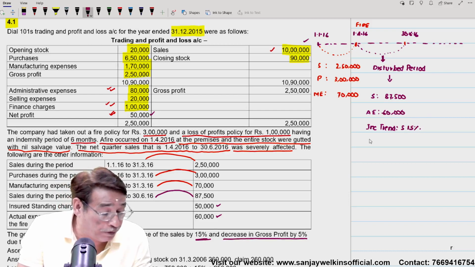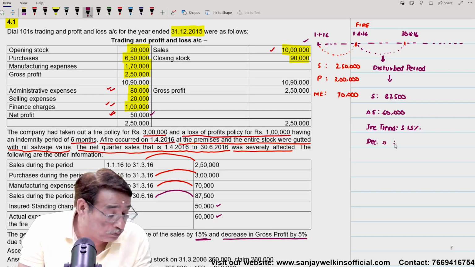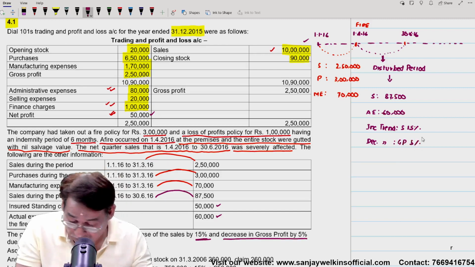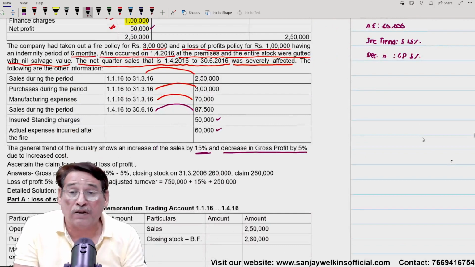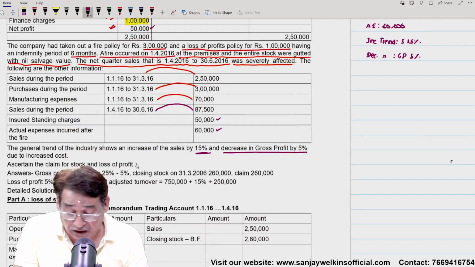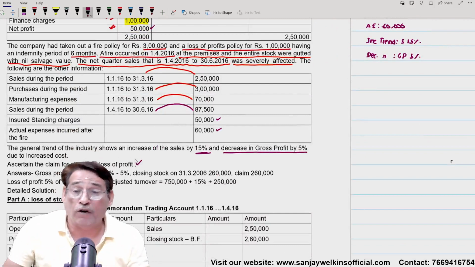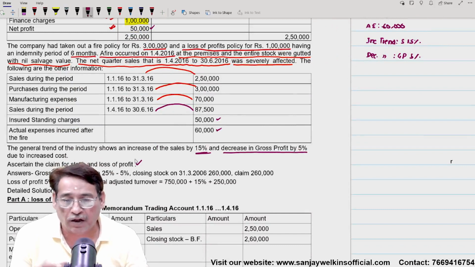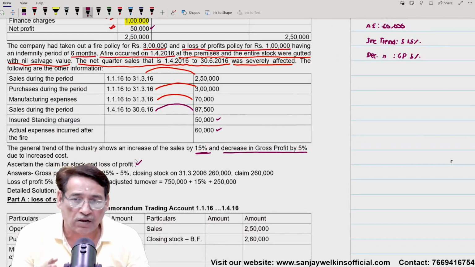Gross profit is showing a decreasing trend of 5%. This is also given. Now the question says to ascertain the claim of stock and loss of profit. This is what we are supposed to compute in this question. Is it clear to you or not?